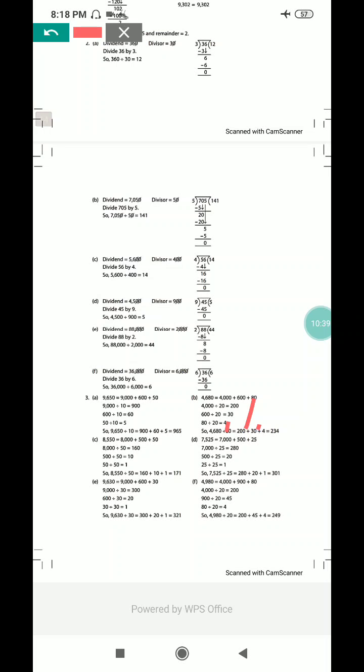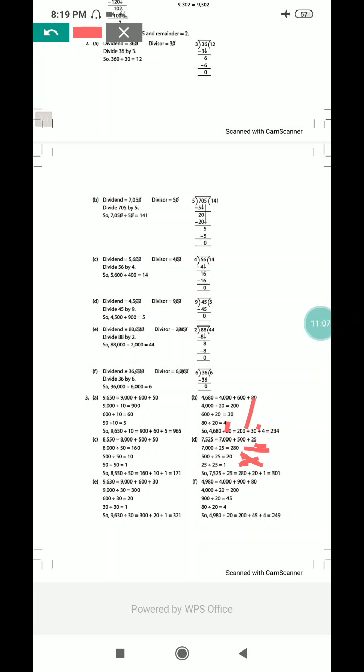So 7000 divided by 25 gives quotient 280, 500 divided by 25 equals 20, and 25 divided by 25 equals 1. Now we will add all the quotients. So 7525 divided by 25 equals 280 plus 20 plus 1 equals 301. So the quotient is 301.